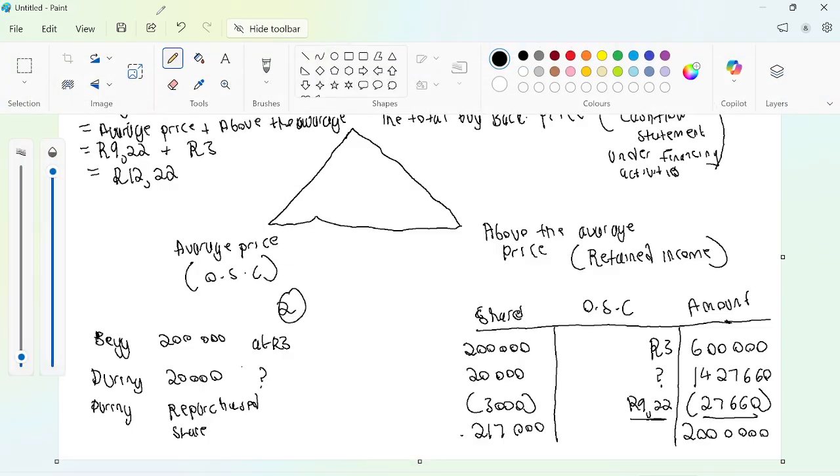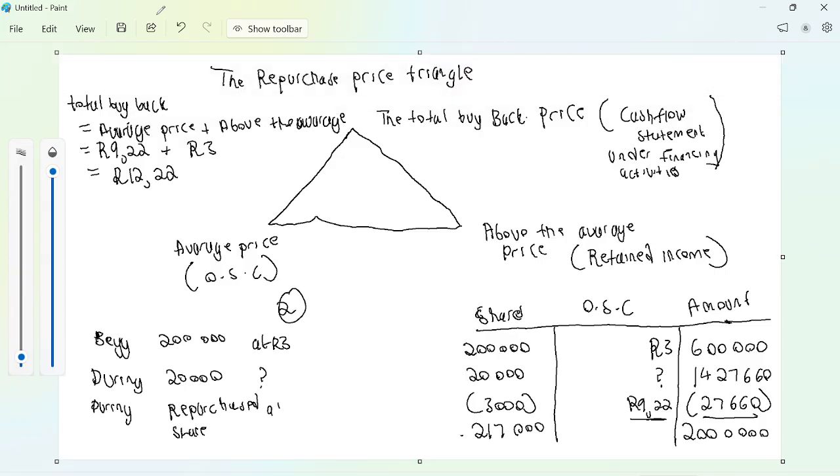The information can still be like this, and then here they can say shares are repurchased at maybe 12,22. If they just say shares are repurchased at this price, it means they're talking about the buyback price. So they're saying shares are repurchased at 12 rand 22. This means that is the total buyback, meaning going to the cash flow.